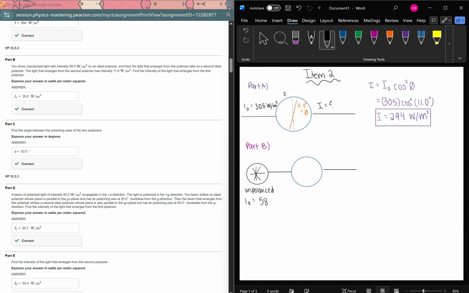It's 58 watts per meter squared. Okay, got that. Now this is gonna be straight. So let's label it, the polarizer 1 axis. And this one's gonna be intensity 29.0 watts per meter squared.